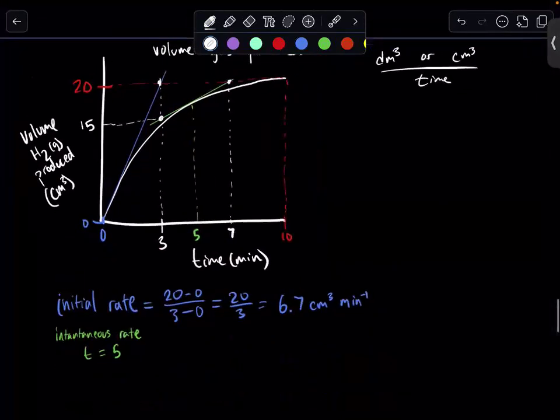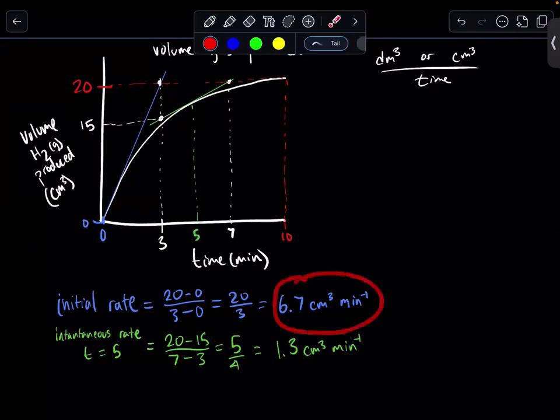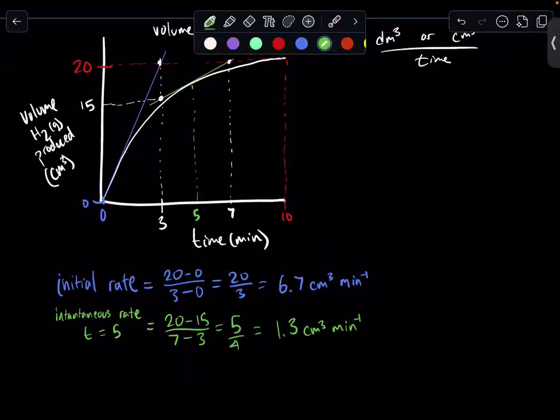In a DP world, they're going to give you graphs that fit pretty nicely, so you don't have any doubt. So we'll do our 20 minus 15 divided by 7 minus 3. That's going to be equal to 5 over 4, which is equal to 1.25, or, using 2 sig figs, 1.3 centimeters cubed per minute, or minute inverse. You'll notice the rate of our initial versus our instantaneous has decreased dramatically.